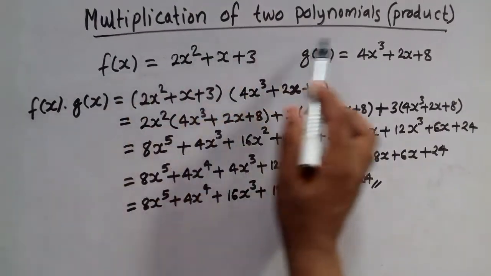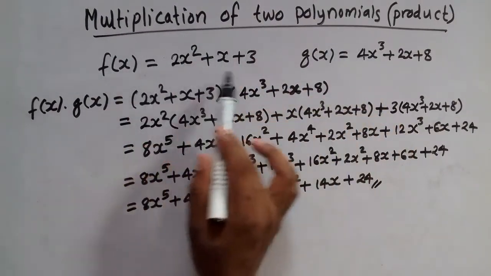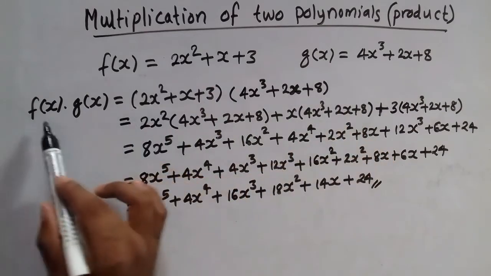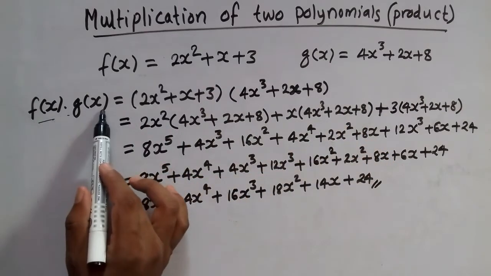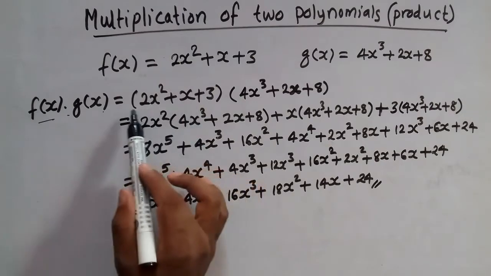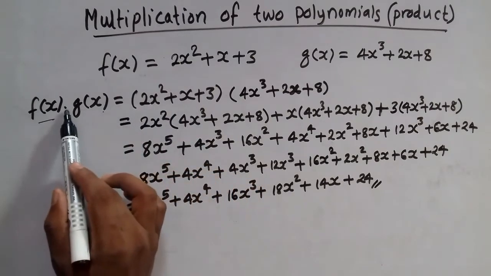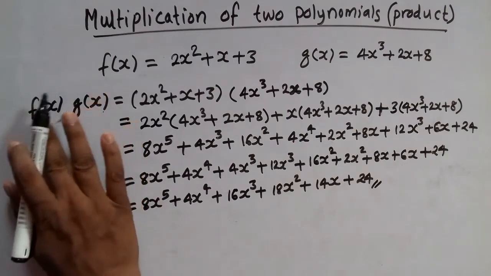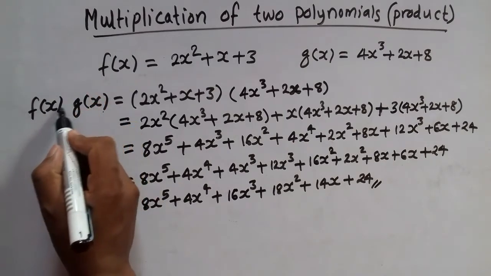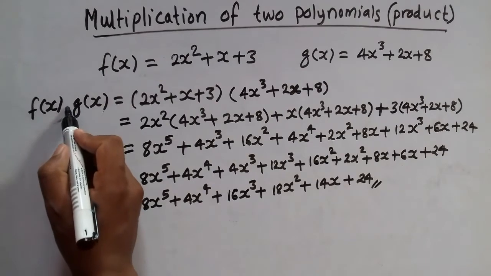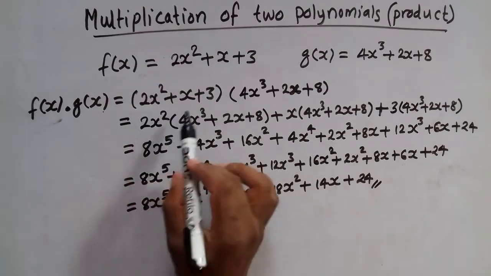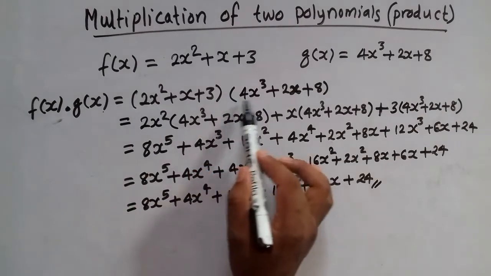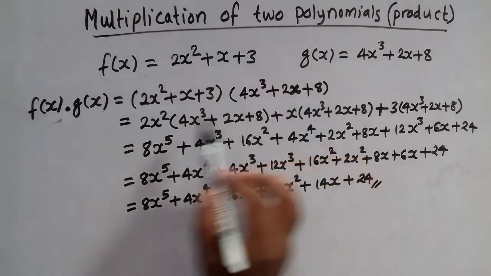For multiplication of polynomials, we are taking the same two polynomials as before. Fx into gx is here, into is denoted by dot. We can write dot in place of into also. So this is fx polynomial, and this is gx polynomial.